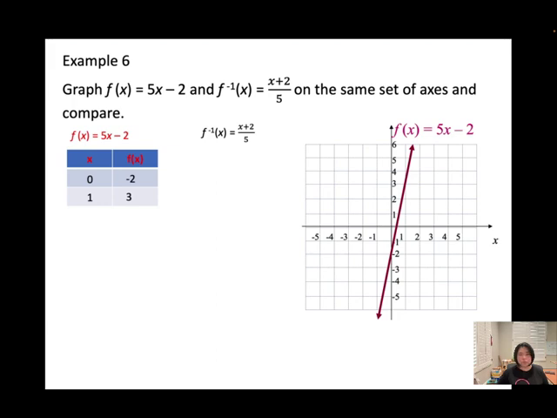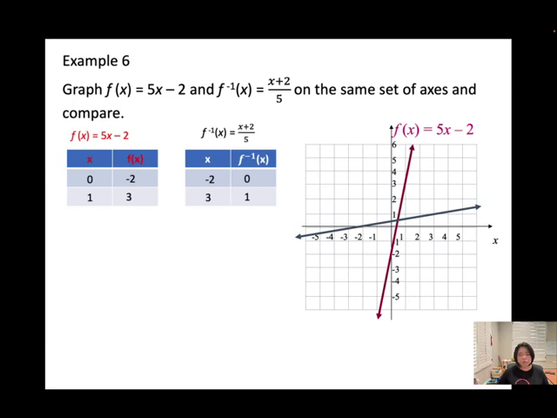And then we're going to do the same thing for the inverse function. We're going to plug in some easy numbers. I put in negative 2 and 3. So you should get this. Based on these ordered pairs, I'm going to graph the inverse function.